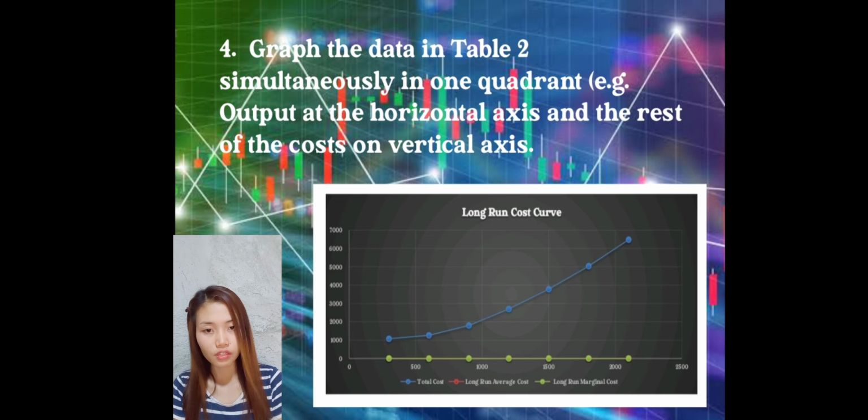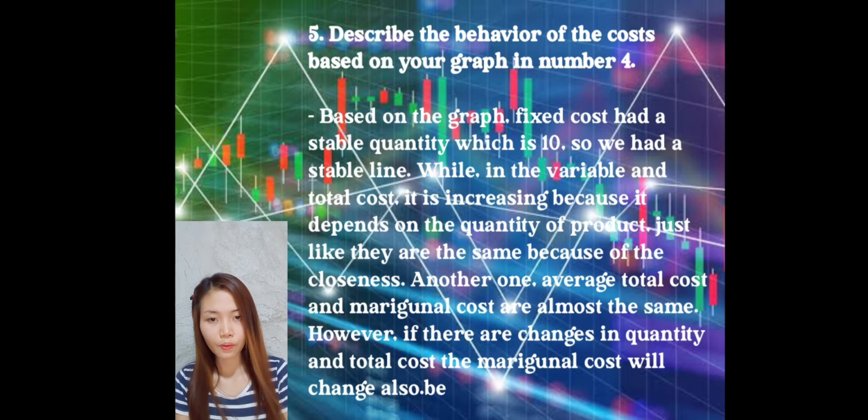Let's proceed to question number 5. Describe the behavior of the cost based on your graph in number 4. Based on the graph, total cost is increasing because of its labor and capital, while long run average cost and long run marginal cost are almost close together. And now, let's proceed to question number 6.